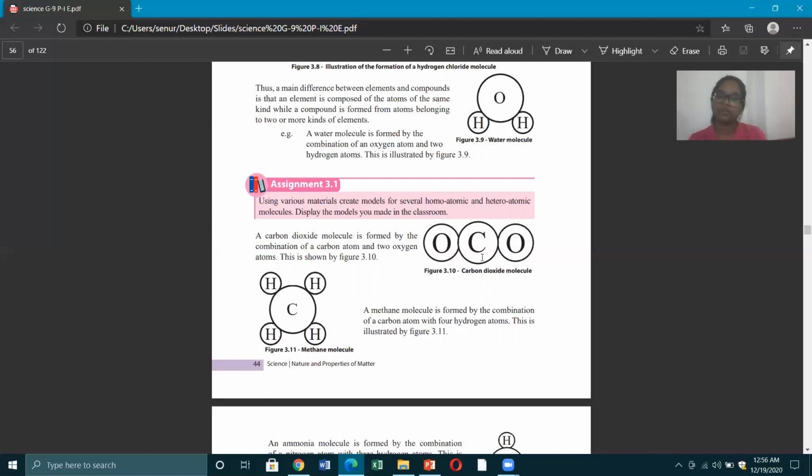So what is the composition of the methane molecule? 1 carbon atom and 4 H atoms. So it comprises carbon atoms and hydrogen atoms.